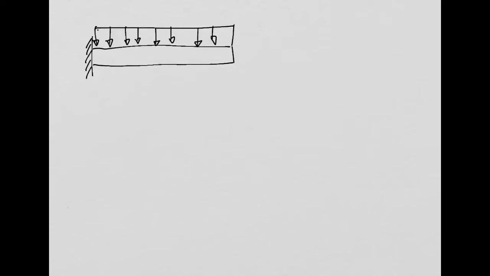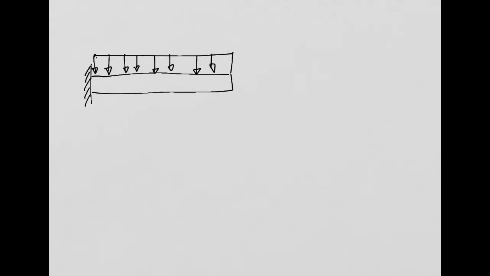We can say that this distributed load is represented by this generic q, which will be a function of x. So the x-axis is in this direction, but it will also be a function of time.